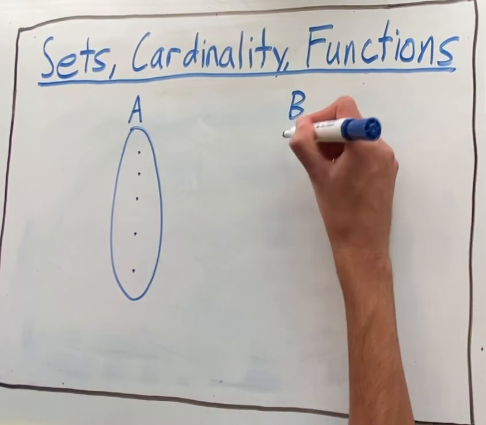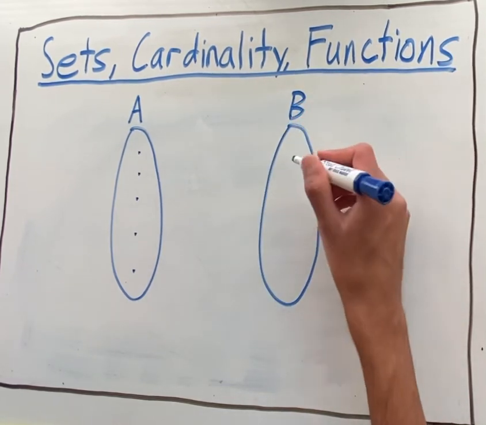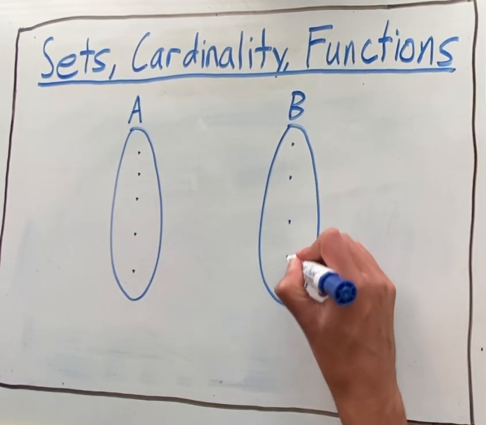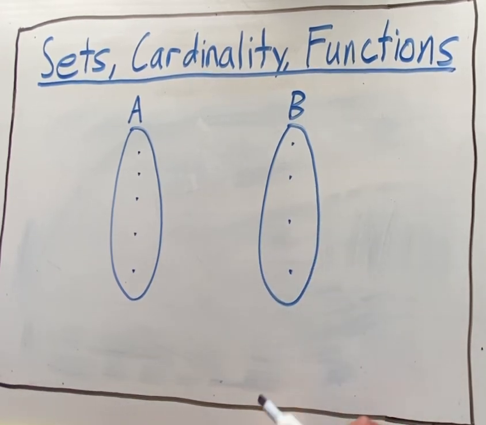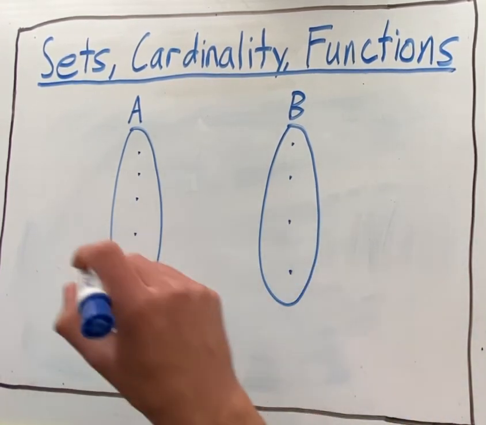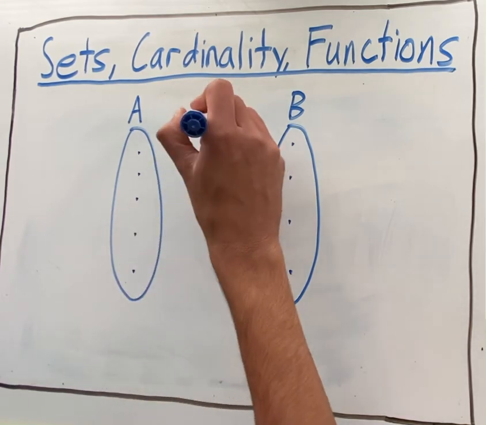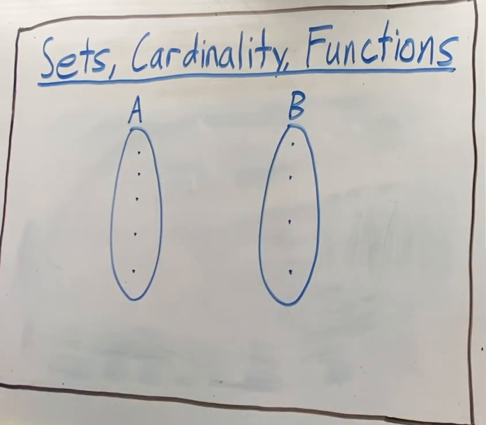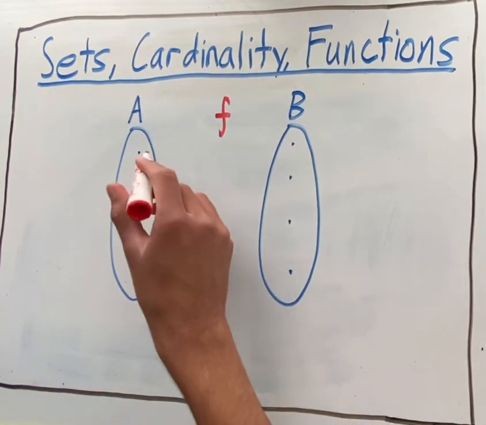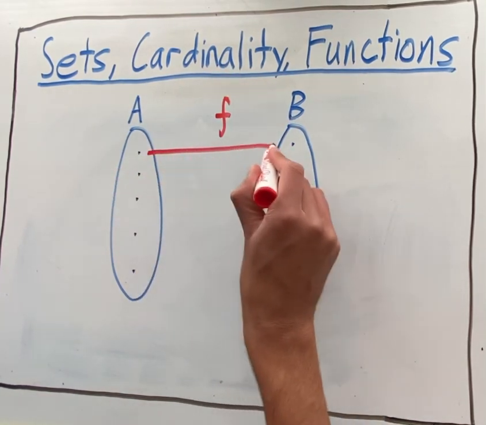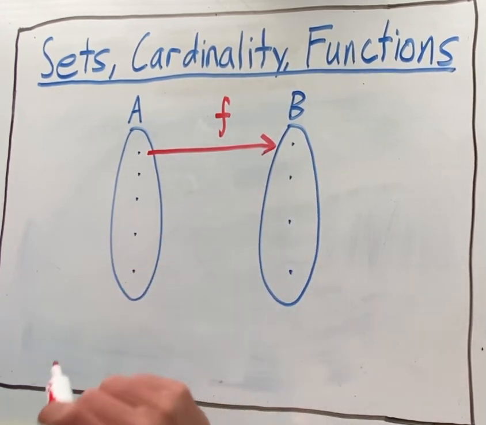Then the elements in set B over here will be another set. Let's say B has 4 elements. So now we can say there's a function f. Let's use a different color. And f will take elements in A and map them onto elements in B. And we can represent this by drawing arrows.